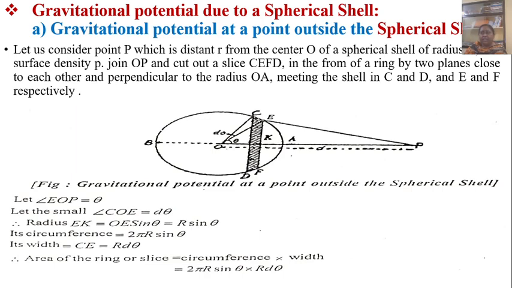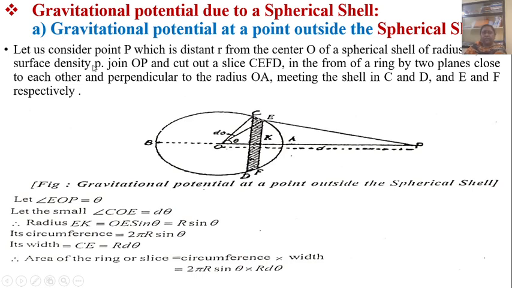And to determine the gravitational potential at this point due to a spherical shell, we know that spherical shell is a two-dimensional body. Now we have imagined this ring inside the spherical shell, and first we determine the potential of this ring C, E, F, D, and then calculate the potential of spherical shell.